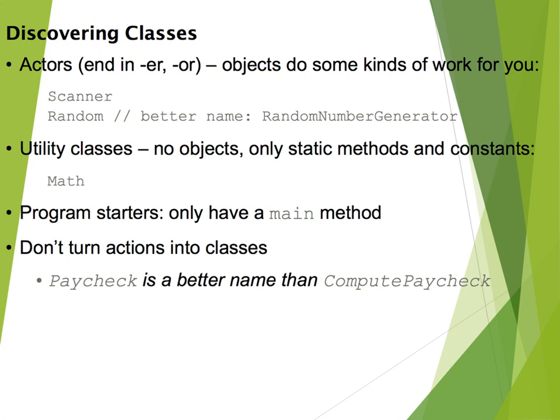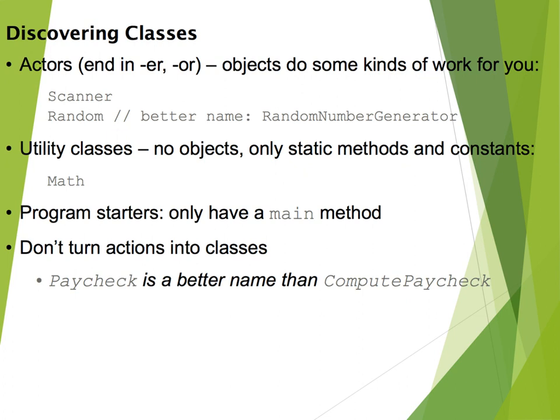And also, there are some classes which have no objects and only contain static methods and constants. These classes, which we call utility classes, are a specific type of classes. For example, Math in Java is a utility class.